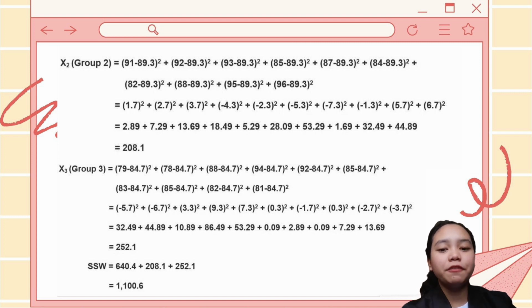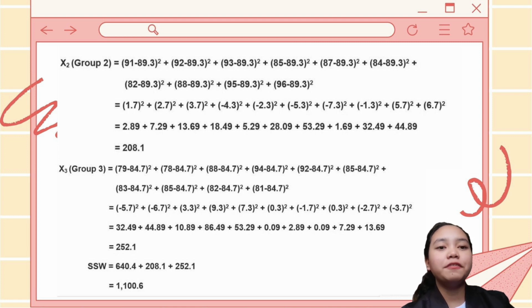Now we will square the following: 32.49 plus 44.89 plus 10.89 plus 86.49 plus 53.29 plus 0.09 plus 2.89 plus 0.09 plus 7.29 plus 13.69.